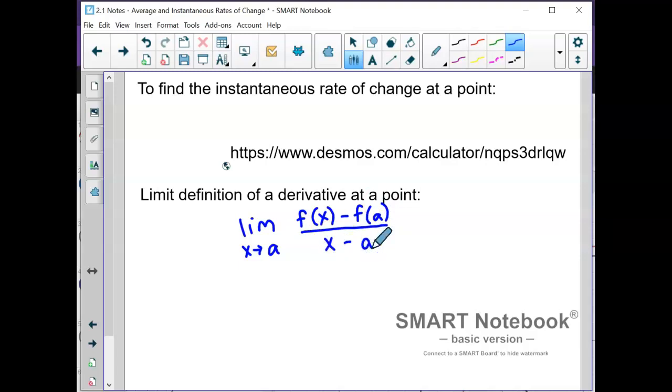And you may be thinking, where does that come from? Well, if I have 2 points, I've got x and f of x, and then I also have the point a, f of a.